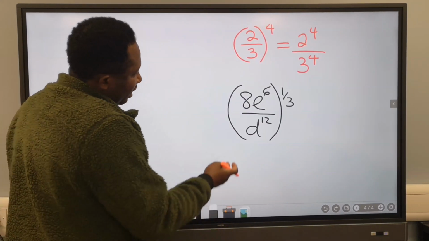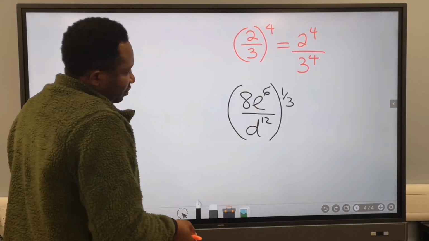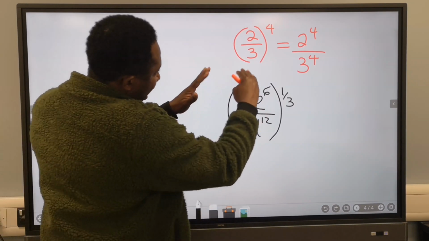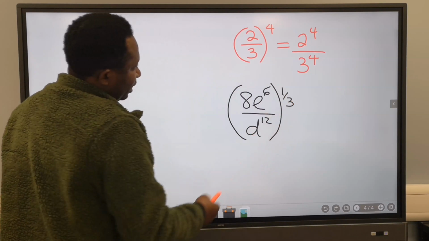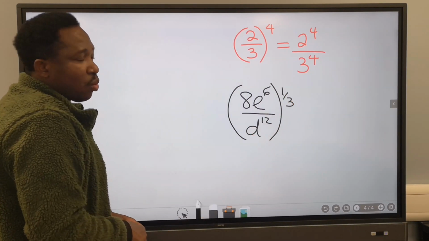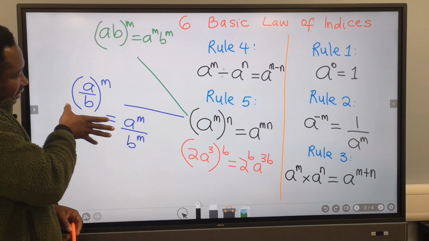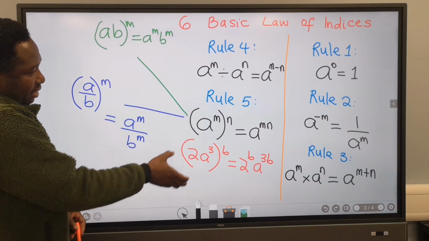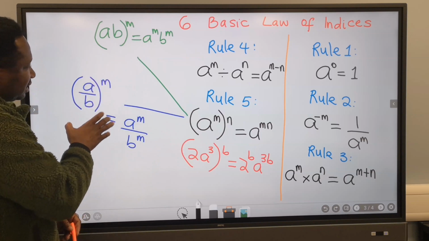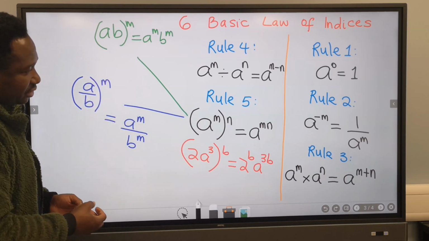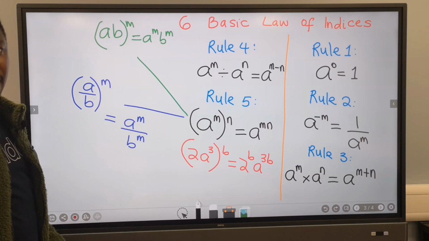Also, if I have (8e to the power of 6 divided by d to the power of 12), everything enclosed in this power, which is 1 over 3, I'm going to apply this variation. Remember, this and this and this are the same. It's just a little variation, but the rule still applies.